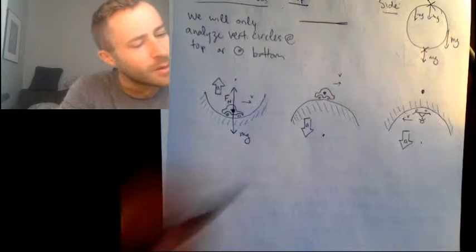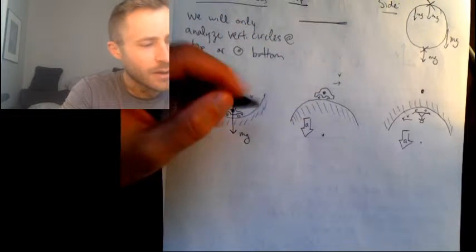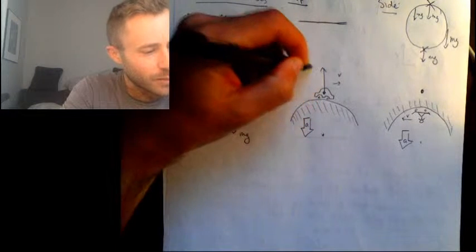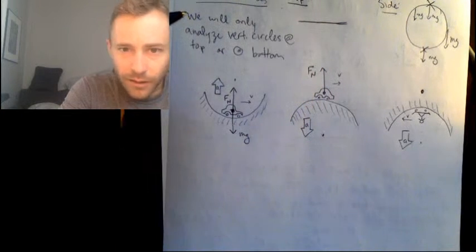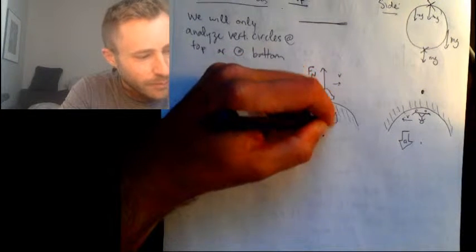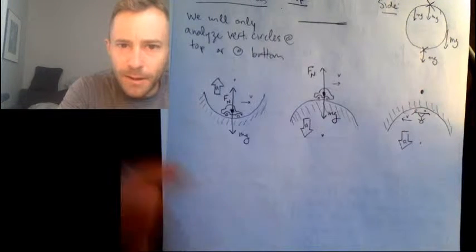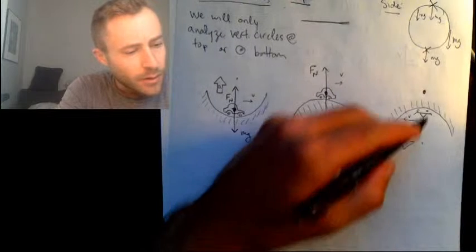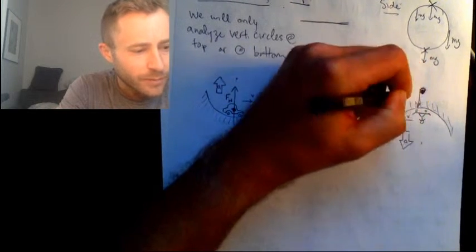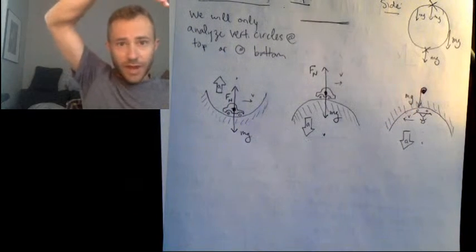All right? If we look at this scenario, we again have the floor below, so that means that the normal force points up, okay? And then the weight force points down, as it always does. Here, we have, once again, the weight force pointing down, but then for this skateboarder, the floor is above the skateboarder.